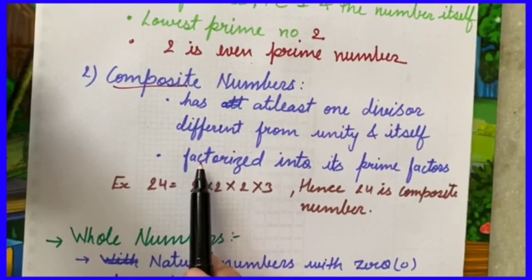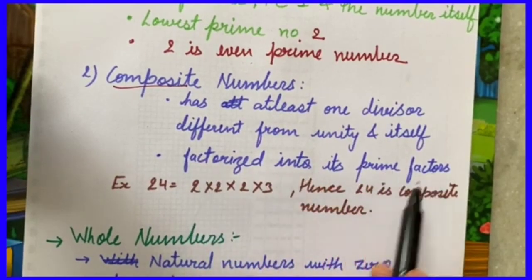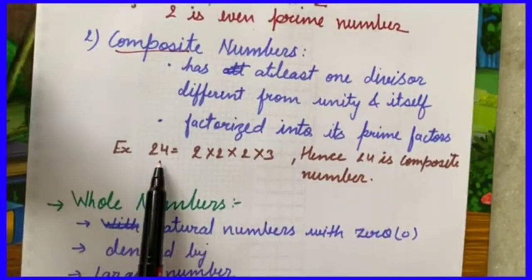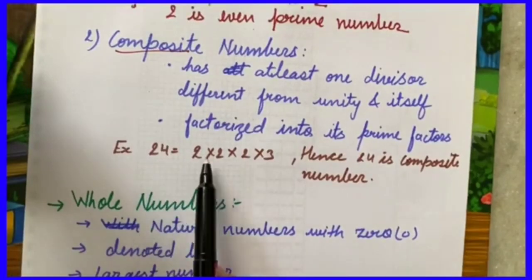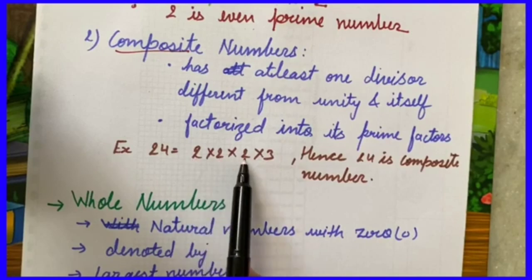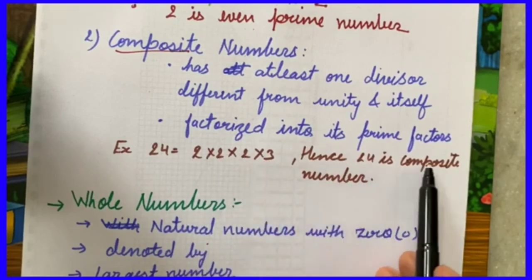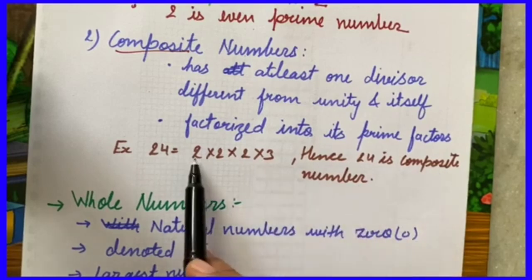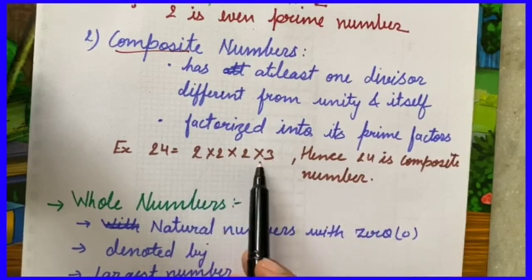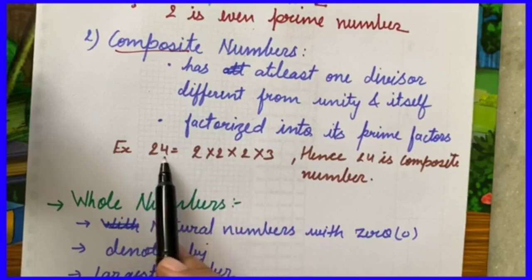And the composite numbers can be factorized into their prime factors. For example, 24 can be factorized as 2 times 2 times 2 times 3. So 2 times 2 times 2 times 3 is 24. Hence, 24 is a composite number because 2 and 3 both are prime numbers and it is other than 24 itself. So we can say this is a composite number.